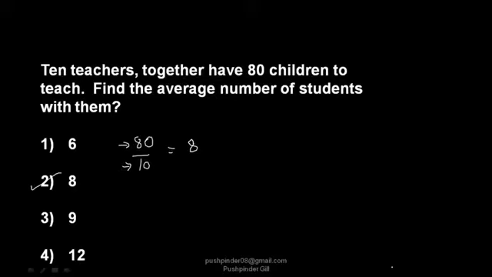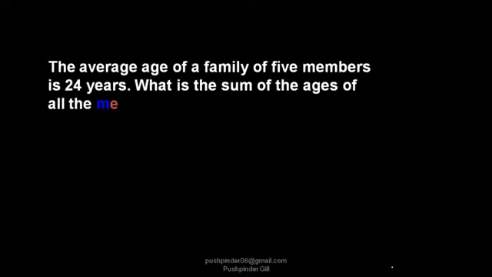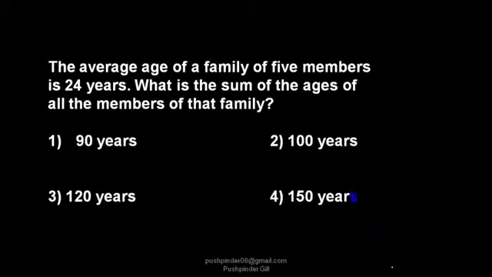Now, just to get you warmed up, let me give you simple questions so that you understand the meaning of average. Let's suppose there are 5 members in a family, and the average age of the family of 5 members is 24 years. What is the sum of the ages of all the members? The number of items is 5 and the average is 24.